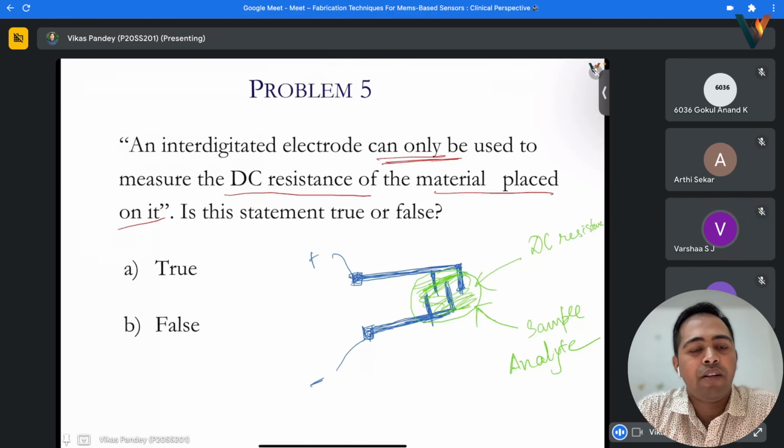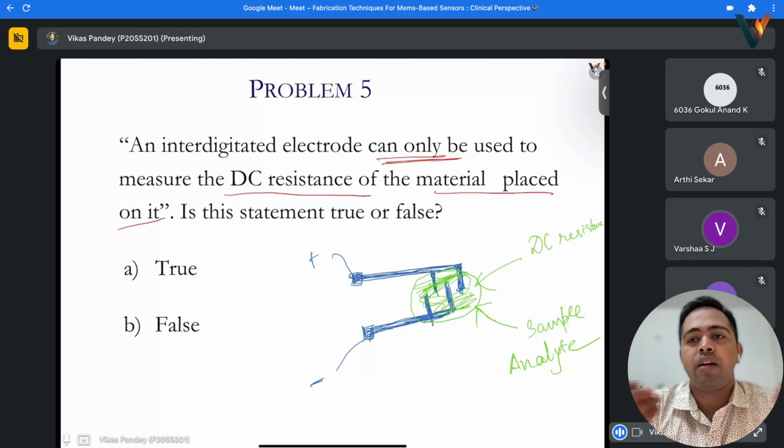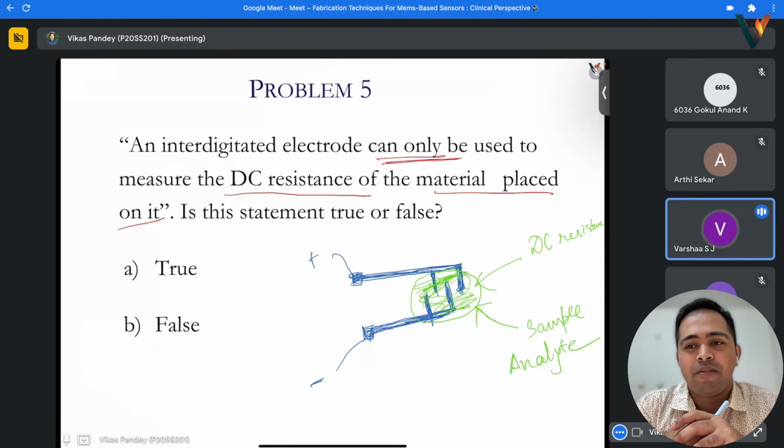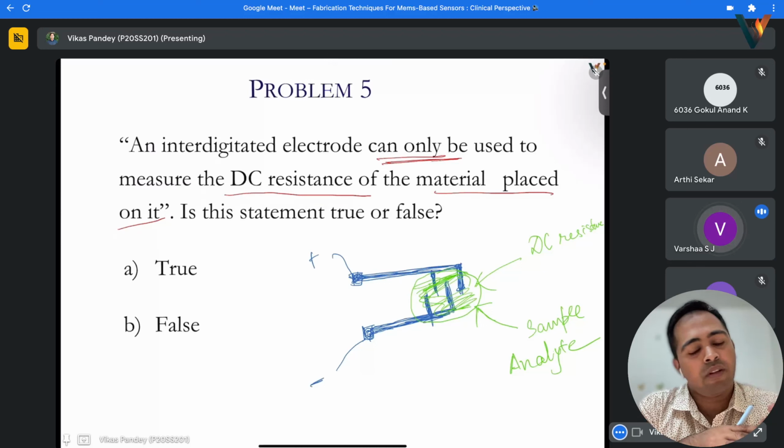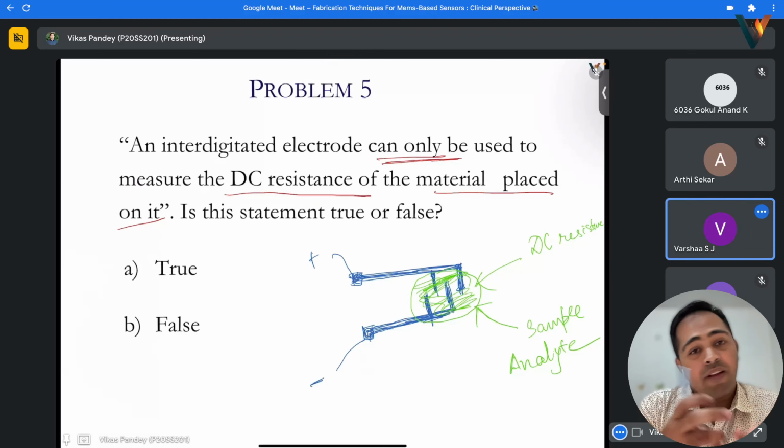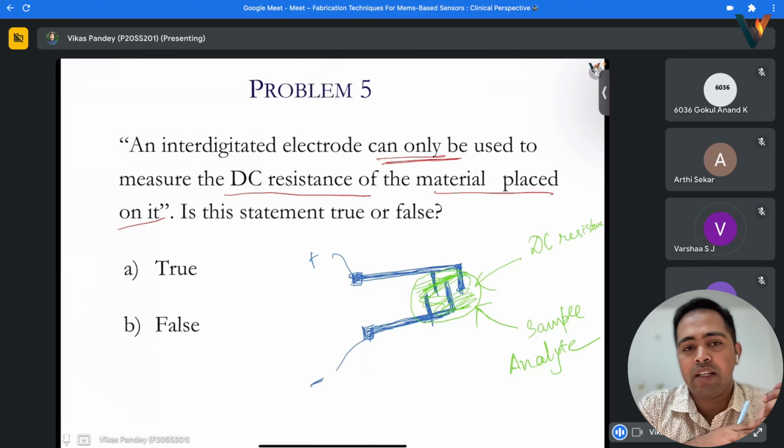Okay. Then what kind of measurement can be done for a simple material? Like if there is a material and we can connect it using two electrodes, what things can we measure for it? Yes, the current flowing through it, and this is for DC analysis. And what about AC?